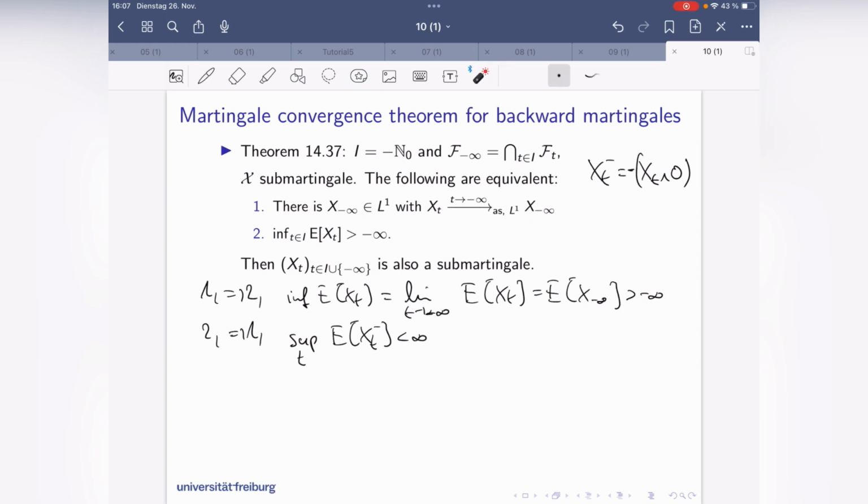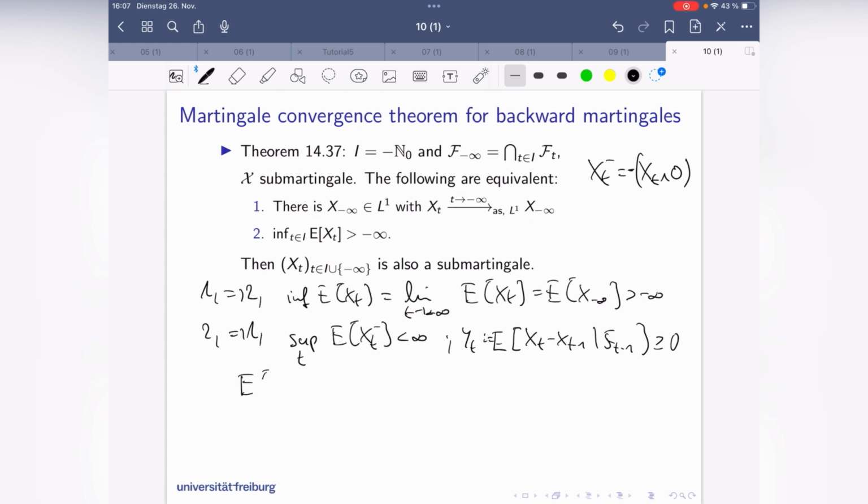So if xt is negative, then xt minus is positive, like this. And I can have yt, which is the expectation of xt minus 1 given ft minus 1 minus xt. And that's not negative because I have a submartingale.